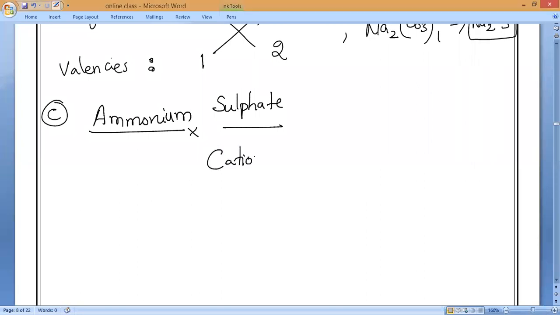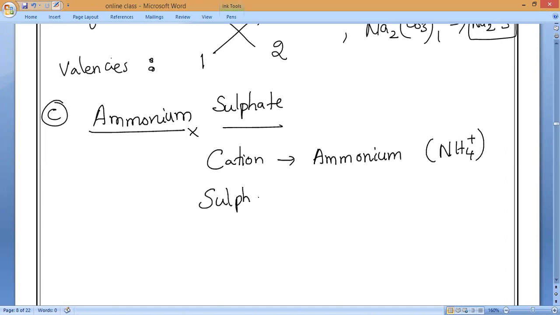Ammonium. NH4 plus. Understand? Cation must be positive. Sulfate is the anion. Understand? What is the symbol? Sulfate, everybody. SO4 2 minus. Okay, everyone?